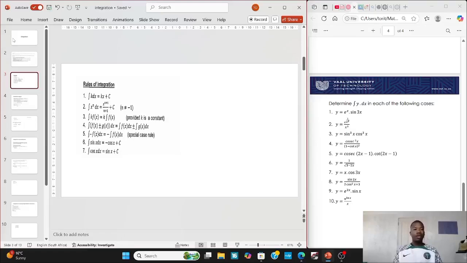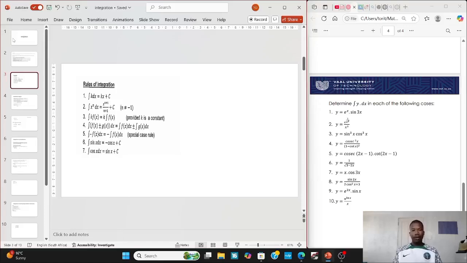Then the second rule states the integral of x to the power n dx is equal to x to the power n plus 1 over n plus 1 plus c, where n is not equal to negative 1, right? Then the third one says the integral of k f of x is equal to the constant k times the integral of f of x, provided k is a constant, right?